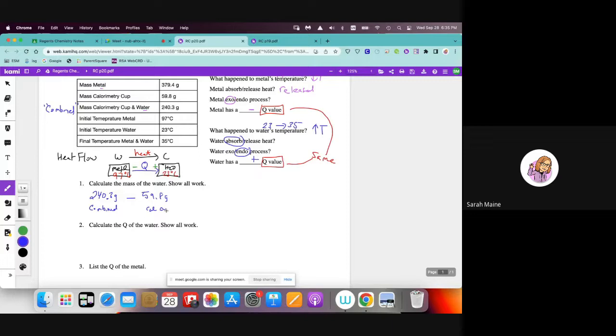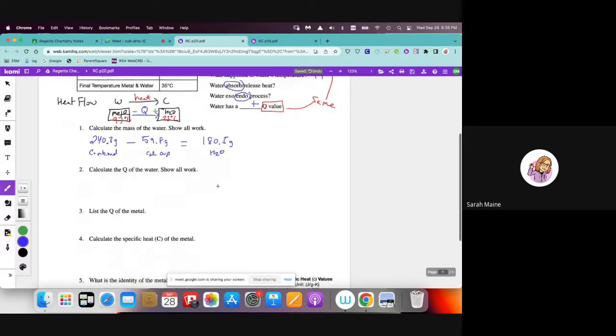When you do this math in the calculator, you end up with a difference of 180.5 grams. This is the mass of the water in the cup, the mass of the H2O. So now we know the mass of the water.